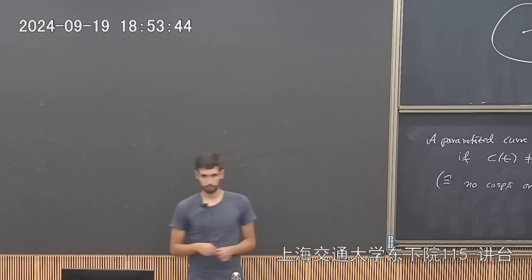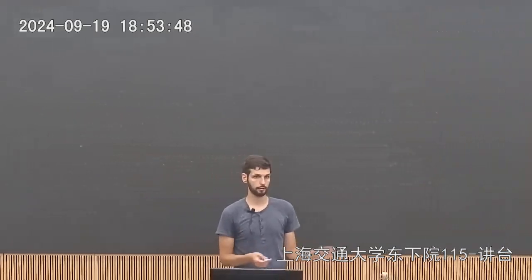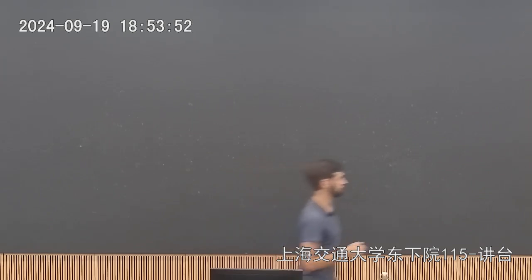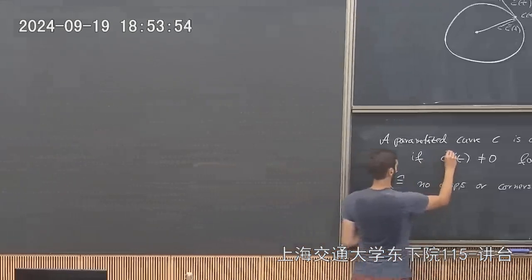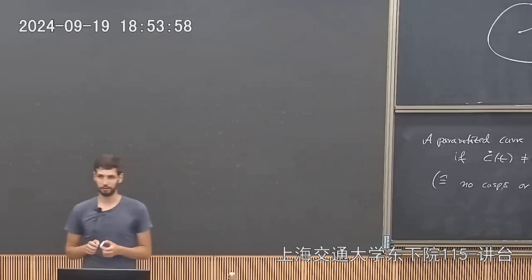So that's the general definition essentially of the curves that we will look at. These are parameterized curves, and then we require, importantly, that the derivative is never vanishing.